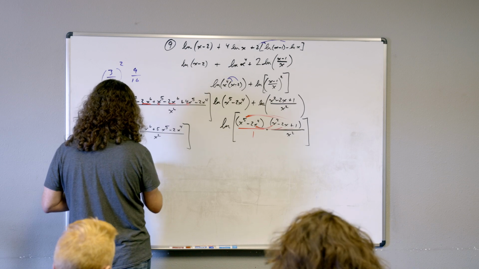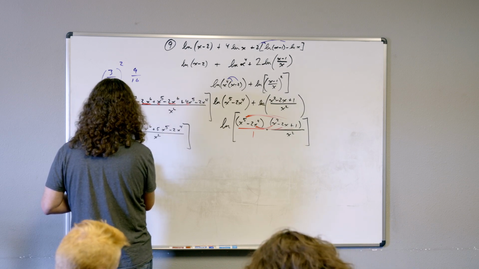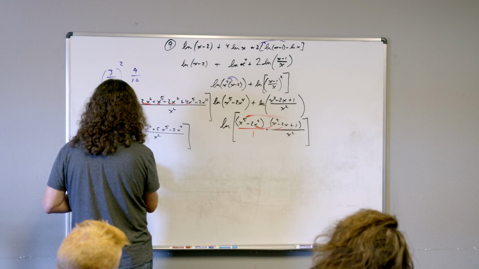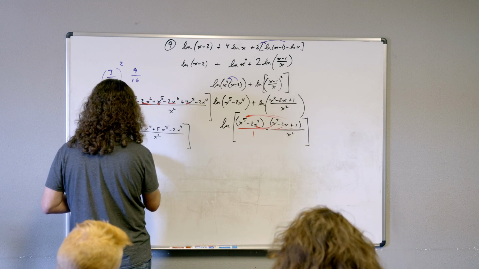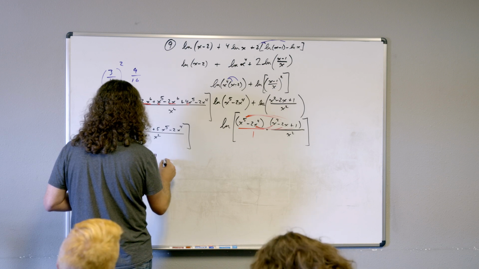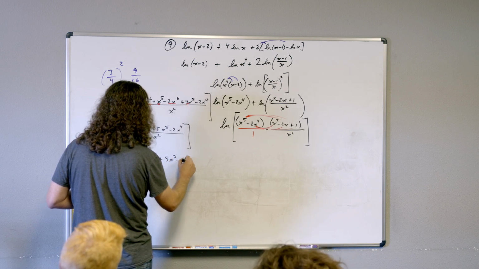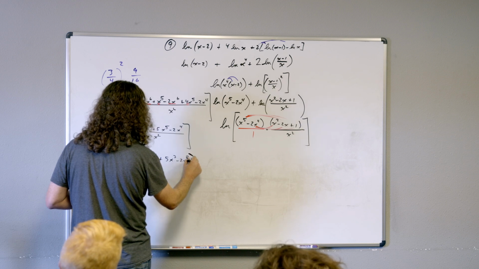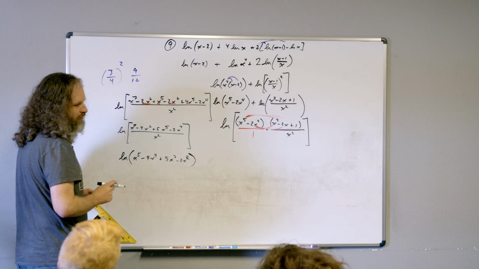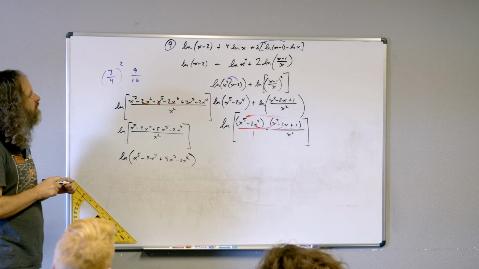So you could stop here, turn this into x to the fifth minus 4x to the fourth plus 5x cubed minus 2x squared. This would be an acceptable answer if we add a domain restriction first.